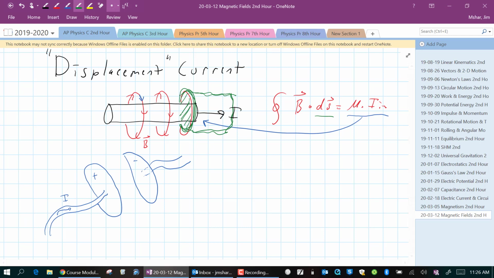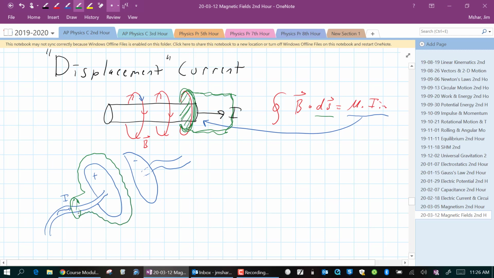Now I'm going to recreate that down here with the capacitor. If I asked you to find the magnetic field here, you would draw a ring around that wire, and for your integral B dot ds, it would be a circle, B times 2 pi r. Your I in would be all the current, if your area is this thing here. Well, what if I take that area and blow it up, imagining this as the very bottom of a balloon, so it looks like that.